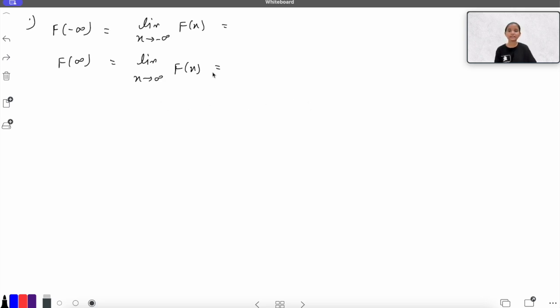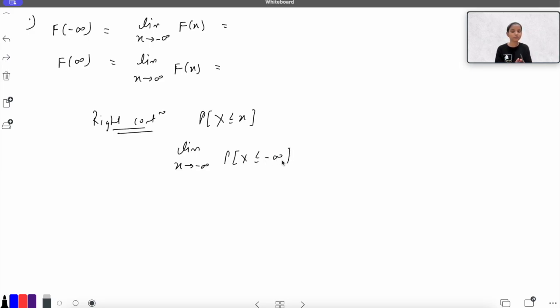We have said that this is a right continuous function, and the function is the probability that X is less than or equal to x. So when the limit of x tends to minus infinity, the probability of X being less than or equal to minus infinity would be 0.